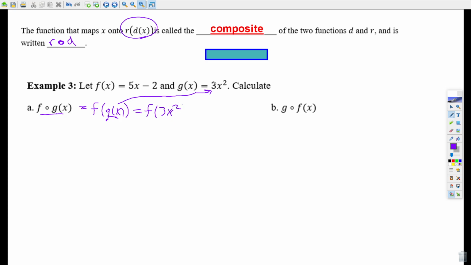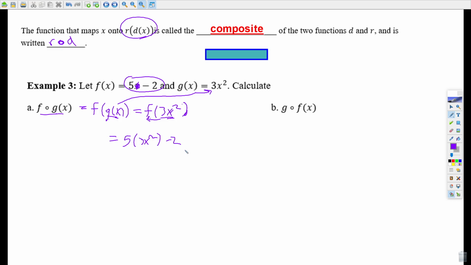There we go. And then we go and find the F function. F is 5x minus 2. We're going to take the x out and replace it with 3x squared. So this becomes 5 times 3x squared, and then don't forget the minus 2 in the end.